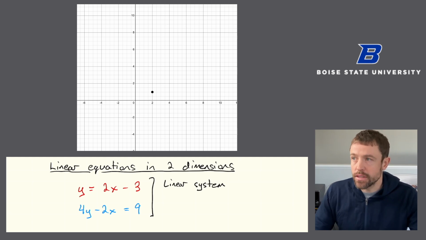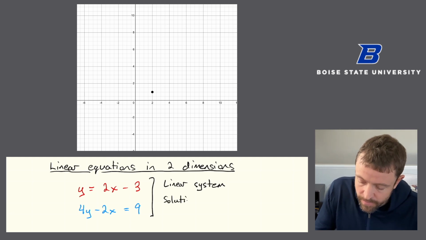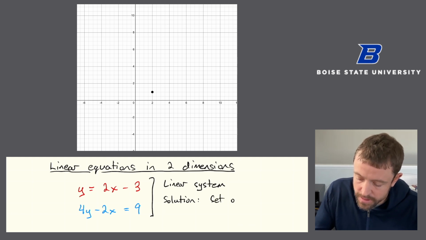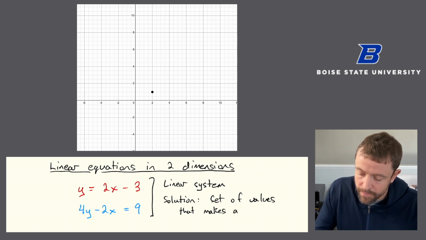So a linear system just refers to one collection of one or more linear equations. And a solution to a linear system is a set of values of the coordinates that make all of the equations true.